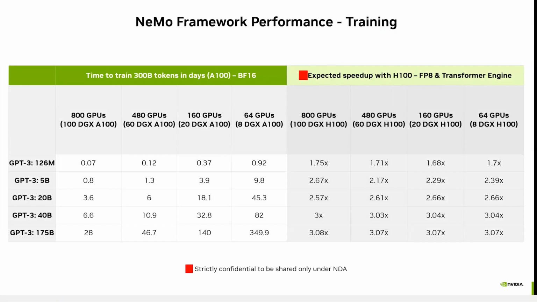If you train it on 64 GPUs, 800 GPU, it will take you 350 days, from scratch. Fine-tuning will take less time depending on how many layers we have frozen and how many layers we have not frozen, right? But if it has to be done from scratch, it will take that many days. And for a smaller model, if you see 126 million, it will take 0.92 days, I mean less than 1 day essentially. 5 billion, it will take 9.8 days.